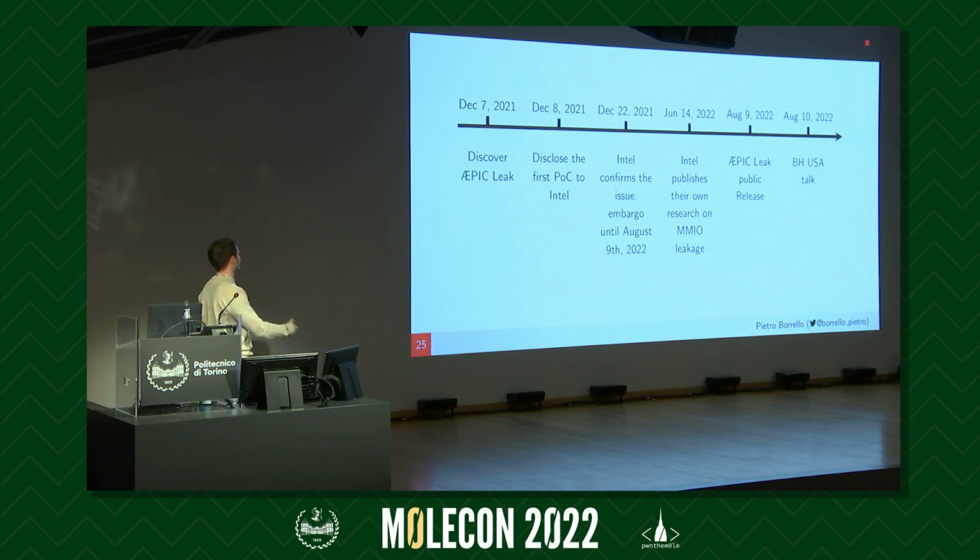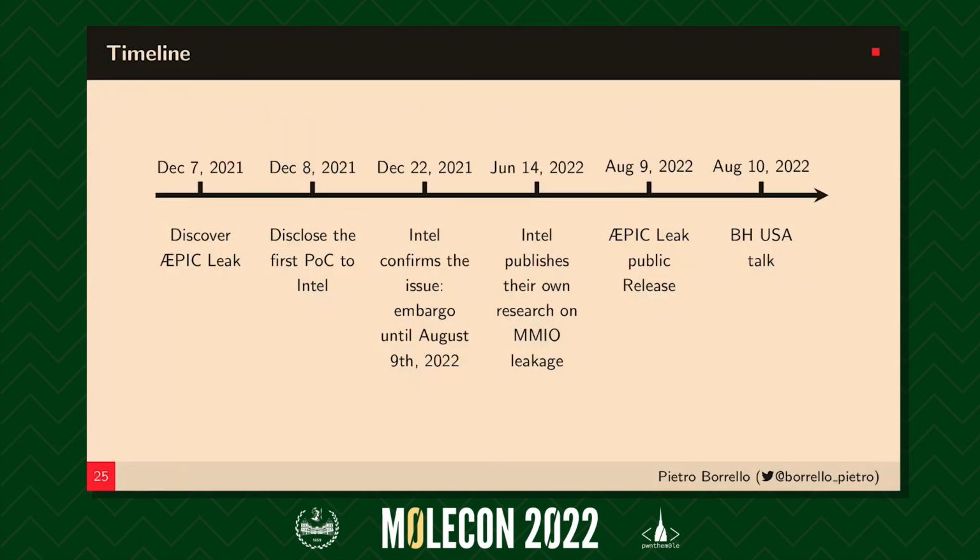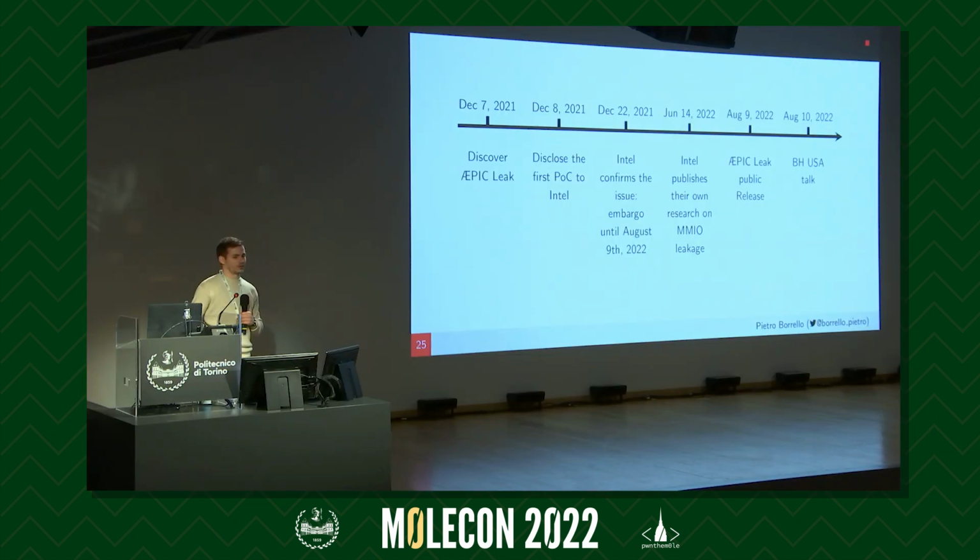This attack was discovered in December 2021, and it underwent a super long embargo of almost one year. We eventually were able to present it in August at Black Hat USA, where Intel had the public release of the attack the day before. This was a super long embargo that was needed to be able to fix the vulnerability, even if they just flushed the internal caches.